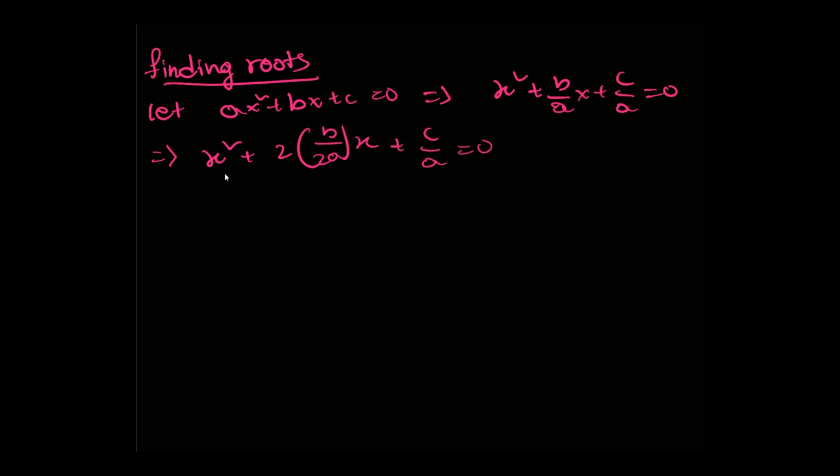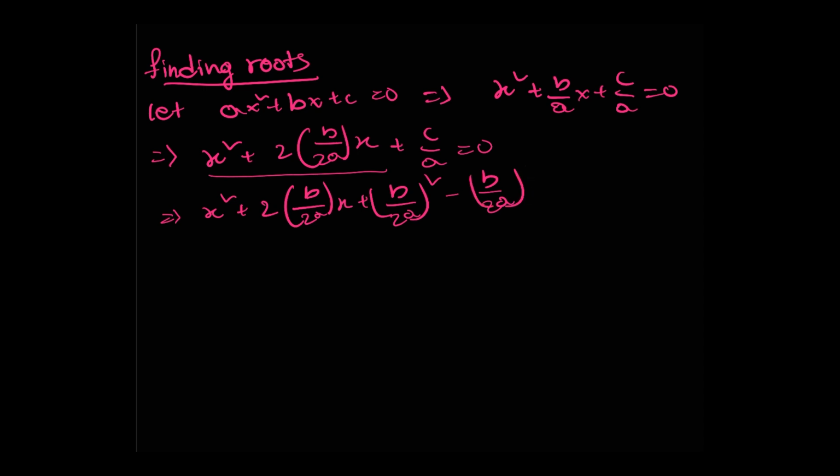Now here we can make this a perfect square by adding b by 2a whole square. That implies x square plus b by 2a into x plus b by 2a whole square minus b by 2a whole square plus c by a equals to 0.